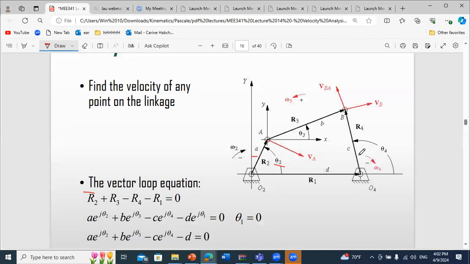Now, example. Let us go back to the same examples we considered in the vector position analysis. Let us take first the conventional four-bar linkage system.